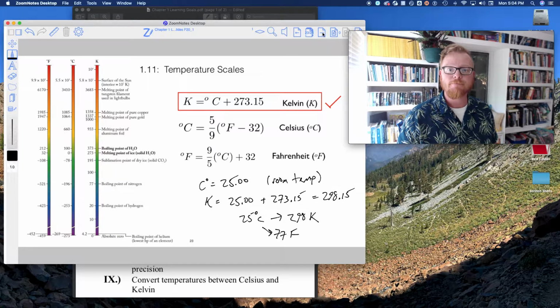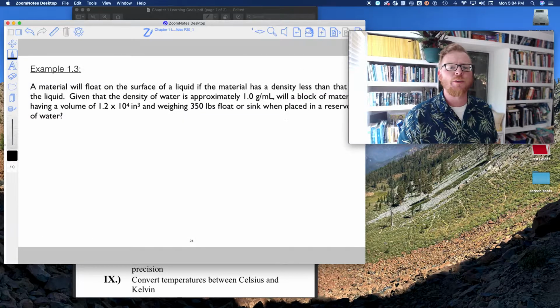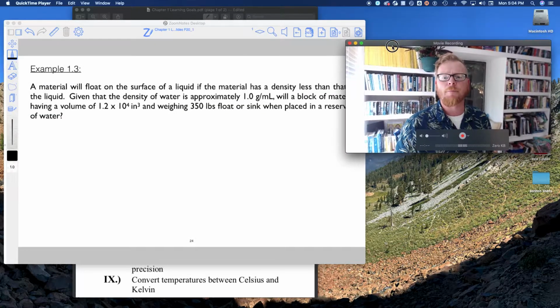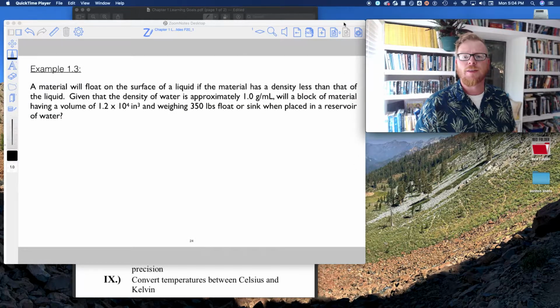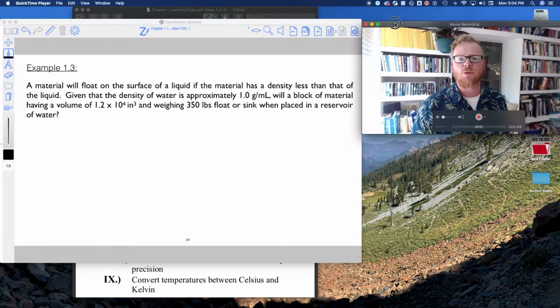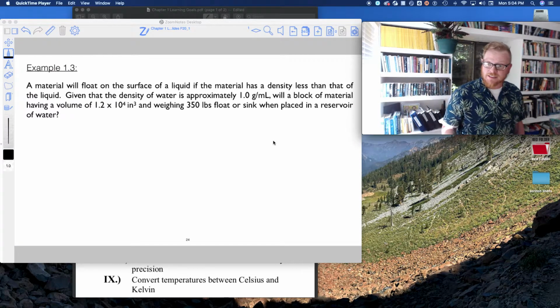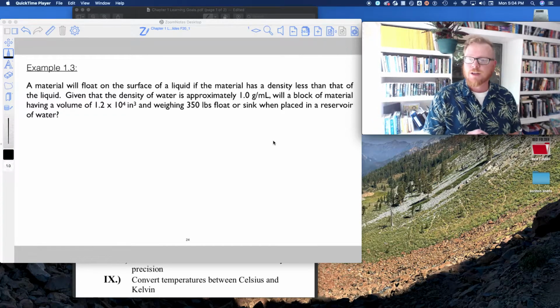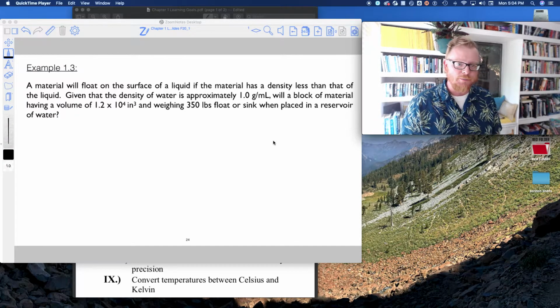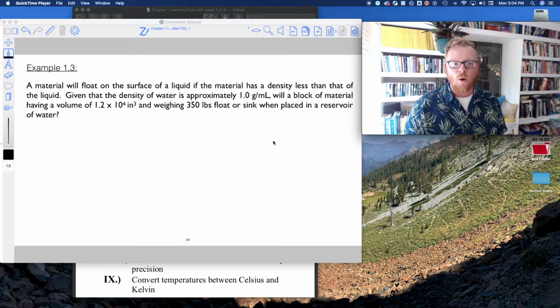Okay, so the very last thing we'll do for these week 1 slides, I'm going to give you this sample calculation problem to work on. It's going to combine several of the things that we've talked about, unit analysis conversions, as well as significant figures. So this is a good problem to work through.